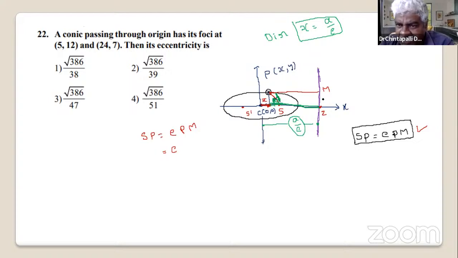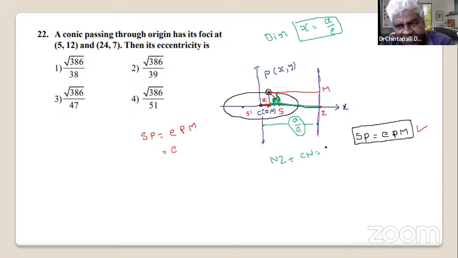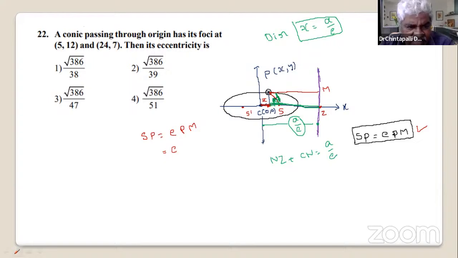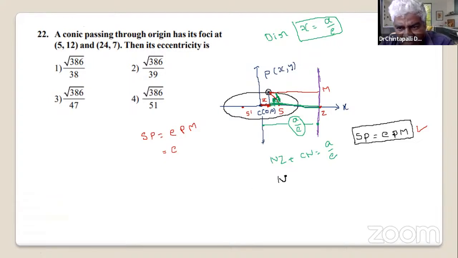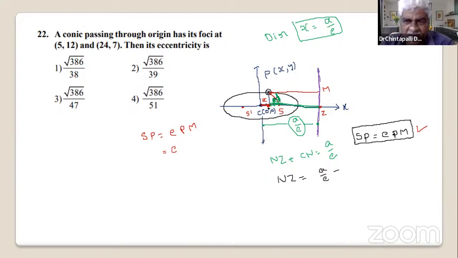NZ plus CN is equal to CZ, which is equal to A by E. But we want only the green line, that is NZ. What is NZ? A by E minus CN.